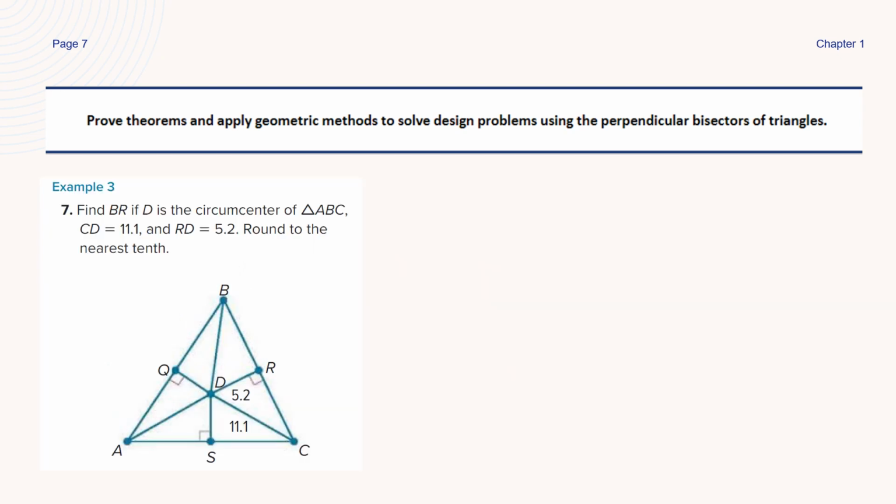Okay, let's solve this question. Here ABC is a triangle where D is the circumcenter, meaning the meeting point of all perpendicular bisectors. So these are the perpendicular bisectors. DQ is perpendicular to AB. DR is perpendicular to BC and DS is perpendicular to AC.